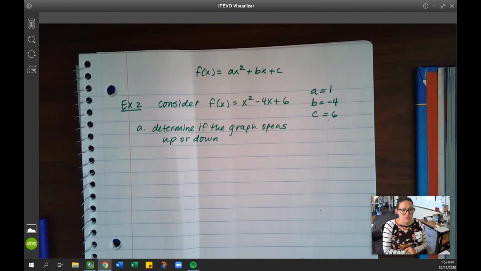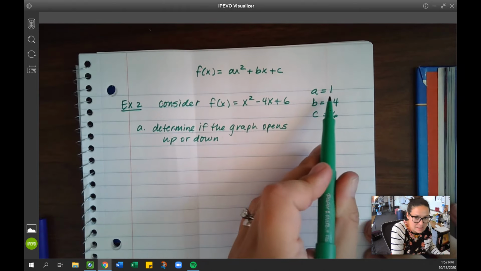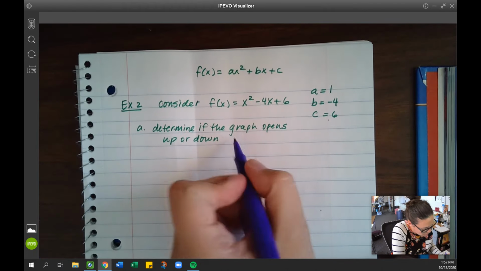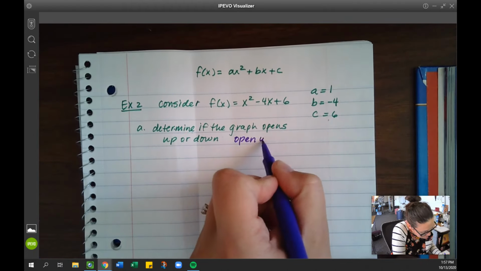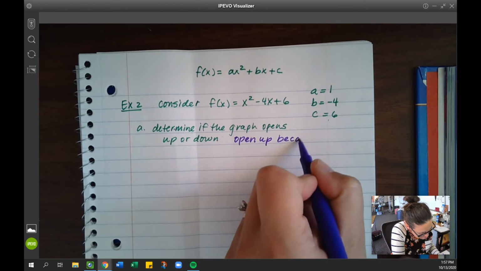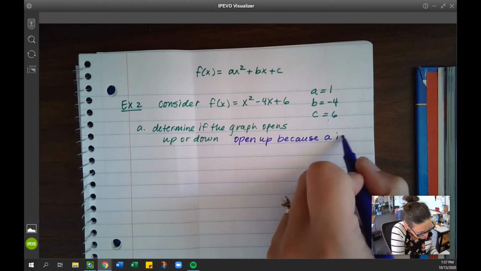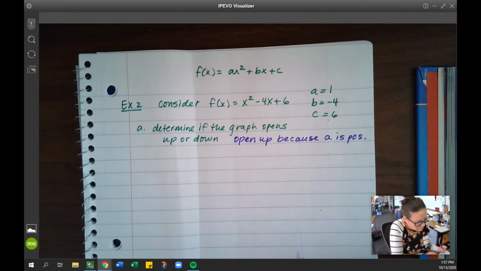And it has to do with the value of A. If A is positive, the parabola is going to open up. And if A is negative, the parabola is going to open down. So in this case, since A is positive, it's going to open up because A is positive.